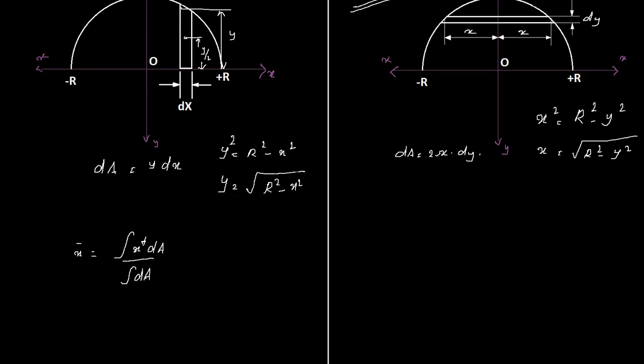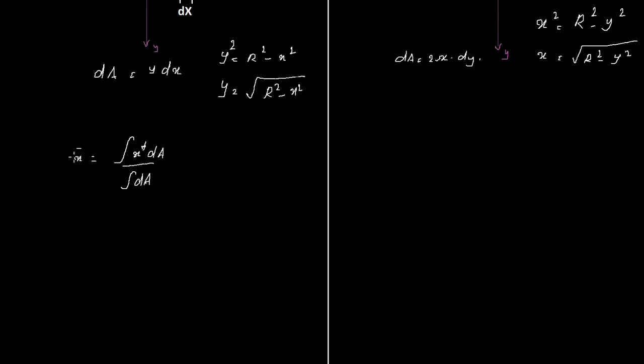So instead of x bar here, you should have y bar, and that is integral y star dA over integral dA, and you know the y star is y by 2.